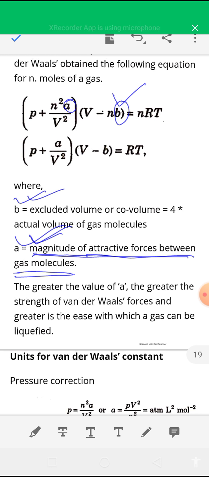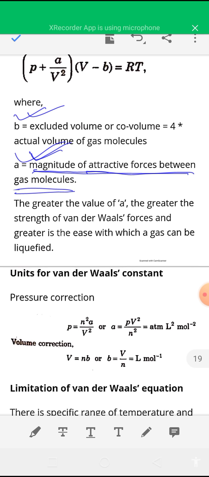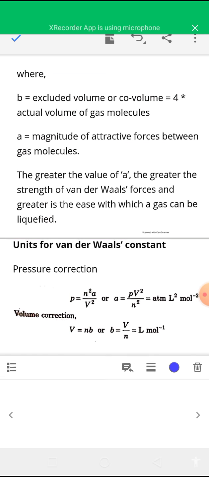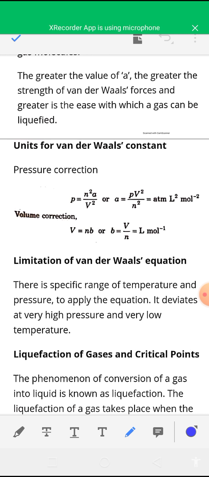So these two are the significance of van der Waals constants a and b, and you have to remember them. Greater the value of a, greater the strength of van der Waals forces, and greater the ease with which the gas can be liquefied. Those gases which have a high value of van der Waals constant a can be easily liquefied.